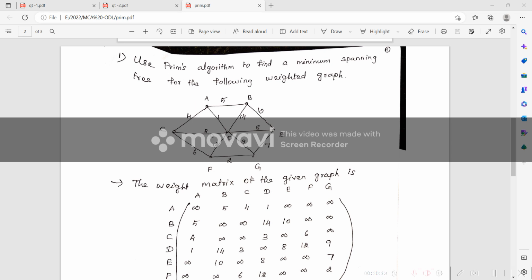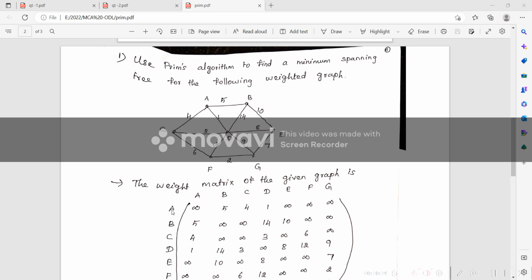So we know for a non-existing edge, the weight is assumed as infinite. And then between A to B, one edge is existing and the weight is 5. So that one is taken as 5. And then A to C, yes, one edge is existing, whose weight is 4.